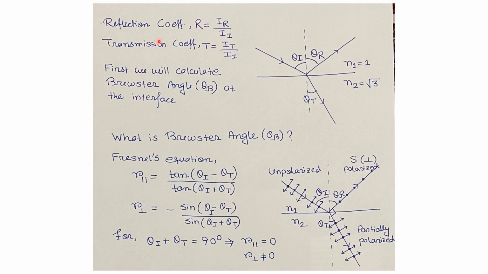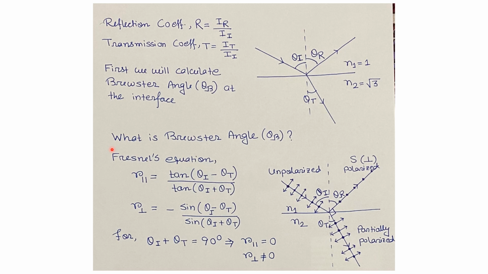The reflection coefficient R is defined as I_R by I_I and the transmission coefficient is defined as T equals I_T by I_I, where I_R is the intensity of the reflected light, I_I is the intensity of the incident light and I_T is the intensity of the transmitted light. Now we will first calculate the Brewster angle theta b at the interface.